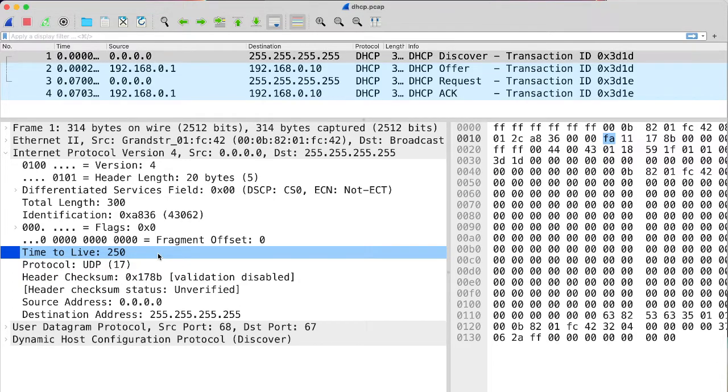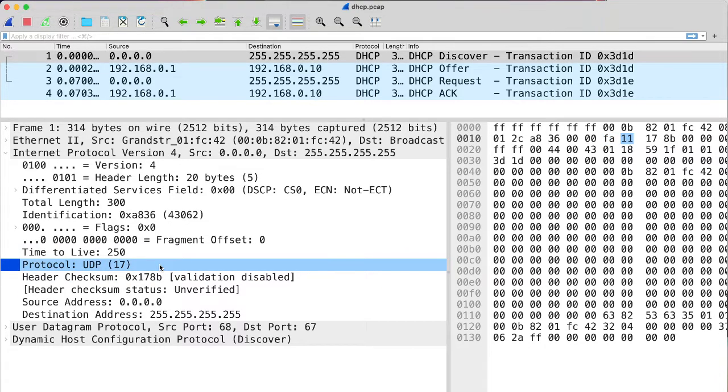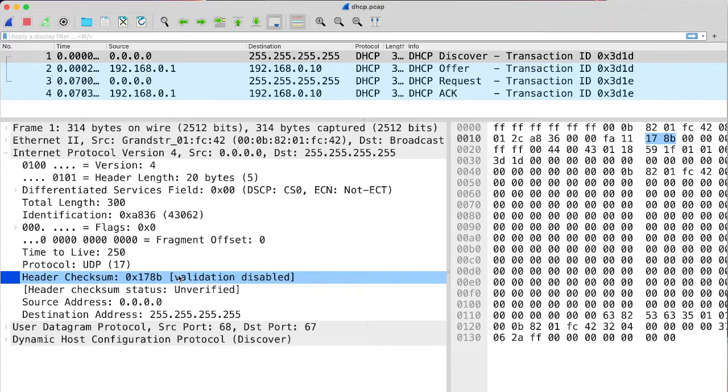It depends on how many maximum hops you believe you need to reach your destination. This number is 250 in this case. Since we would like to demonstrate DHCP, it is the UDP protocol. UDP is 17, TCP is 6, and ICMP is 1. These 3 numbers you should remember. That is the header checksum.